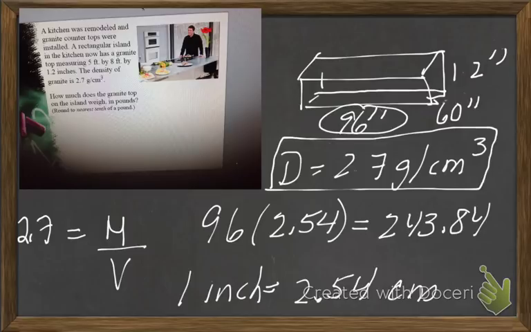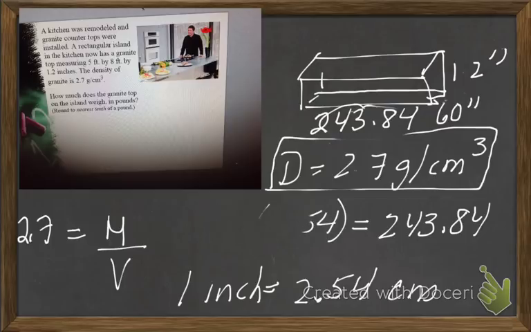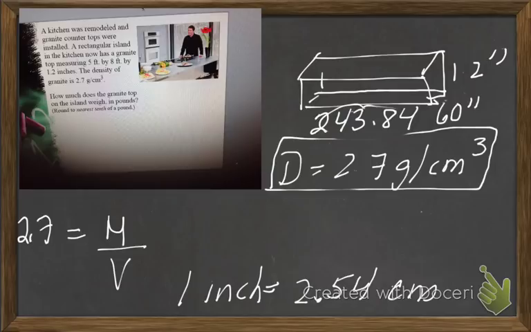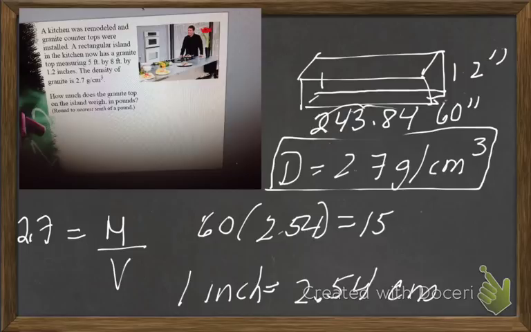And when we do, we're going to get 243.84. So that means that this length right here is really 243.84. And then we're going to have to do this with all of the sides. So next I'm going to do my 60 inches. I'm going to multiply that by 2.54. And when I do, I'm going to get 152.4.